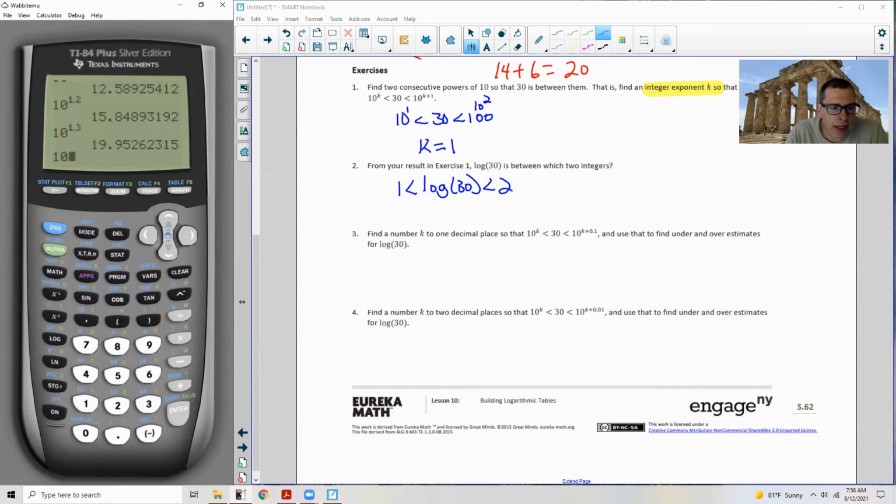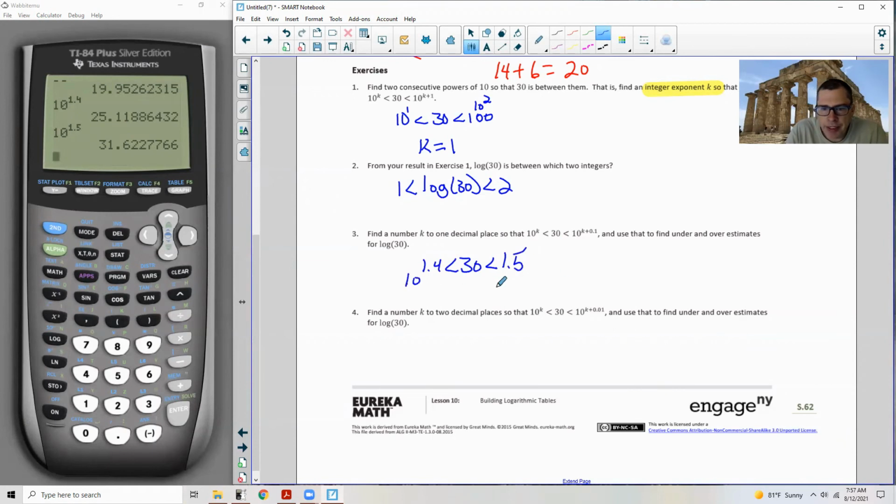Then 10 to the power of 1.4, and that's 25. And we're getting closer. Then I do 10 to the power of 1.5, and that gives me a number greater than 30. So now I know, going out one decimal place, that 30 is between 1.4 and 1.5.